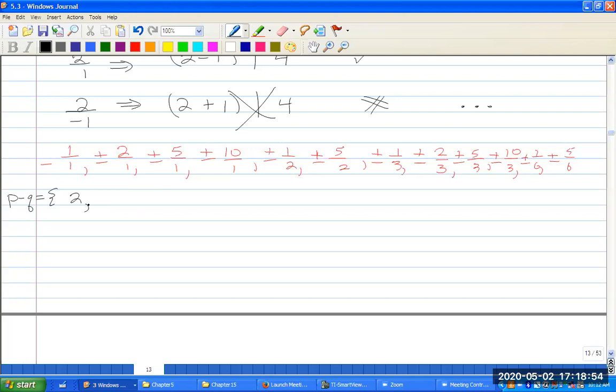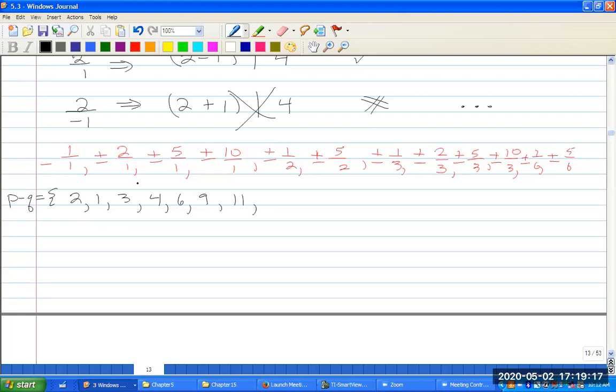Then 2 minus 1 was 1, then 3. Then 5 minus 1 is 4. 5 plus 1 is 6. 10 minus 1 is 9. 10 plus 1 is 11.